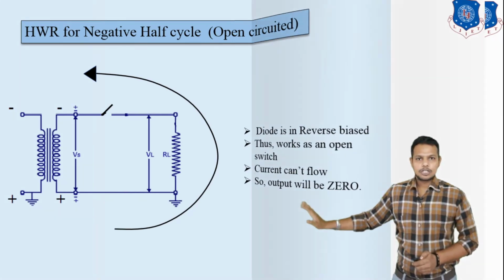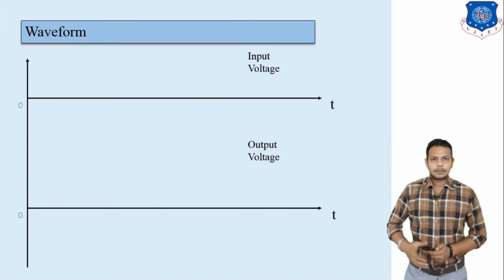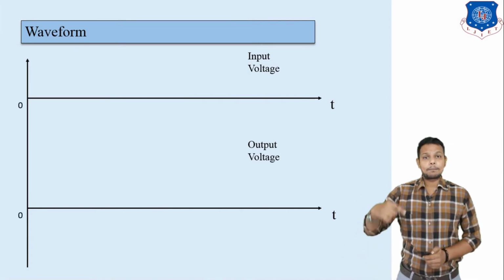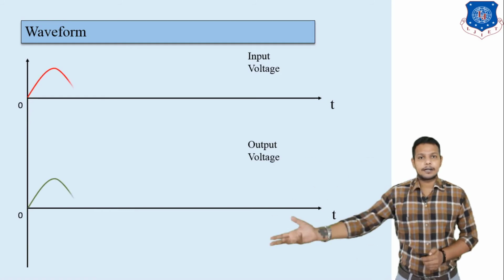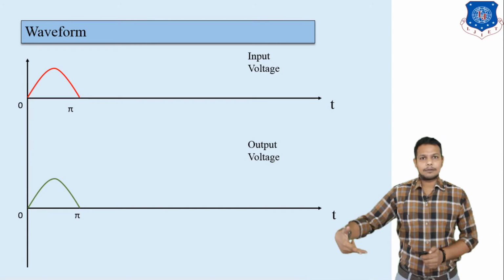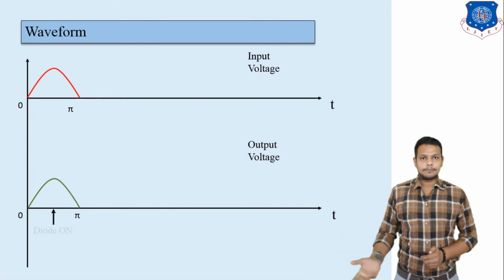So if we enter the 0 to pi positive waveform, as we discussed in the earlier operation, we will get a similar one from the output side, 0 to pi.